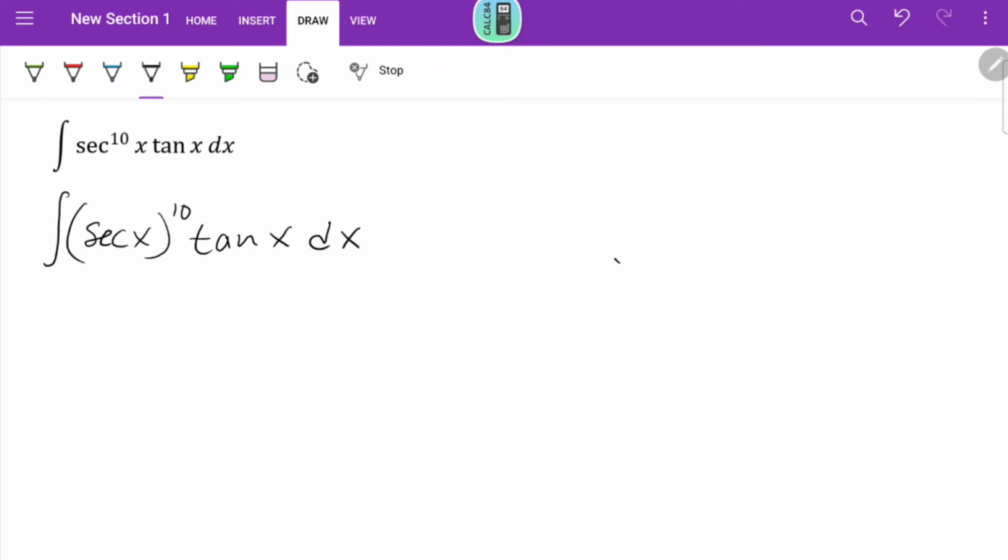Once again, we said let the inside be the u. So let's let u equal secant of x. So draw a new integral. So this is going to be u to the 10th.